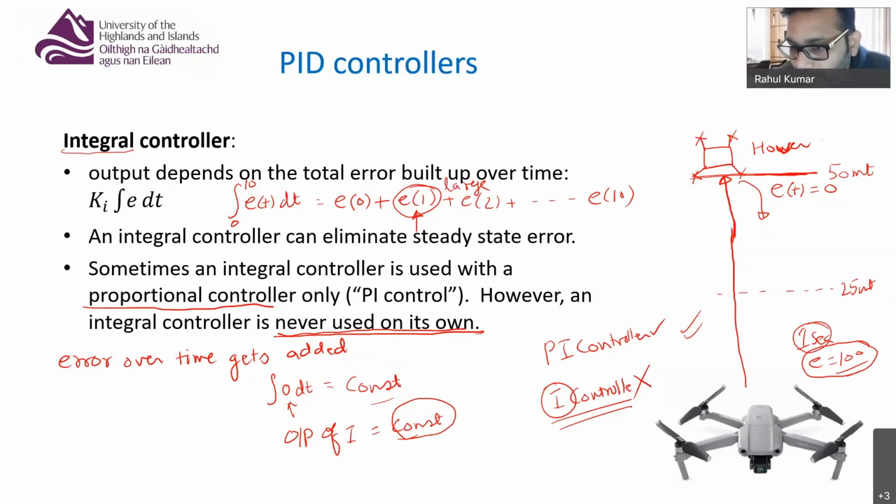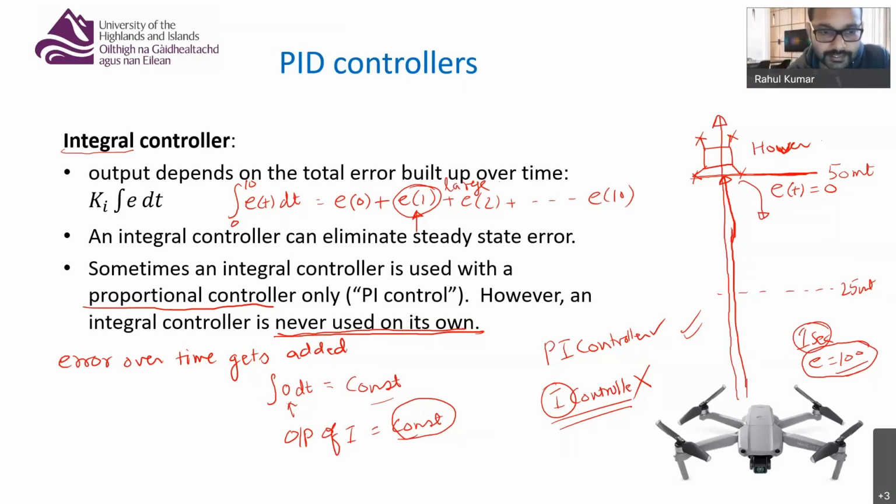So the integral controller will try to produce a very large output because of this large error for a small period of time. As a result, this drone will start shooting off towards the finish point.